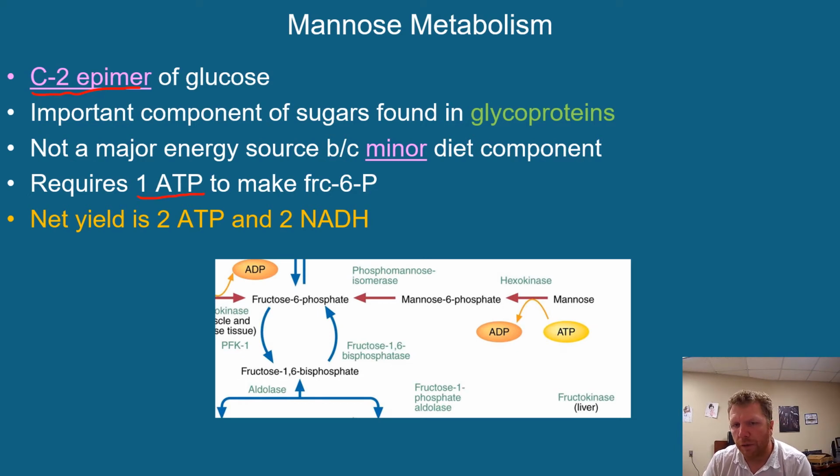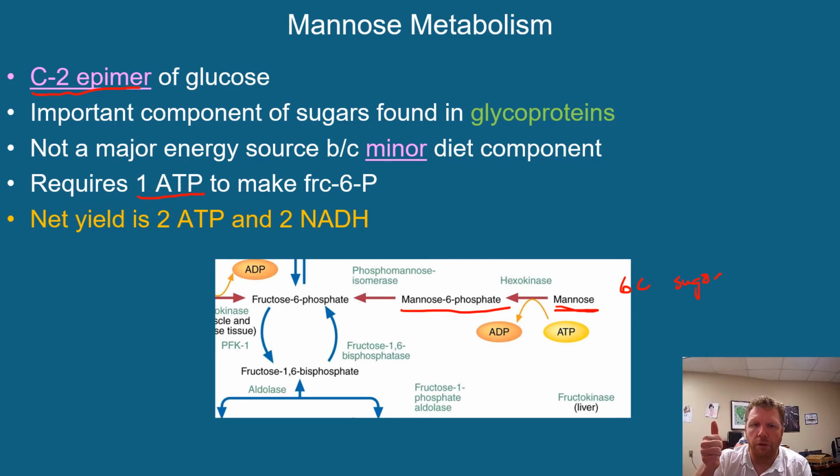What we're going to do is take mannose, again a 6-carbon sugar, and the first thing we're going to do is phosphorylate it. We're going to make mannose 6-phosphate. Again, this is analogous to glucose becoming glucose 6-phosphate. Then we're going to use an isomerase, and that isomerase is going to make fructose 6-phosphate. So think about the phosphorylation of glucose.